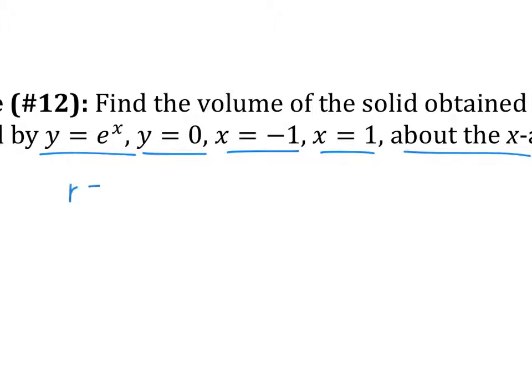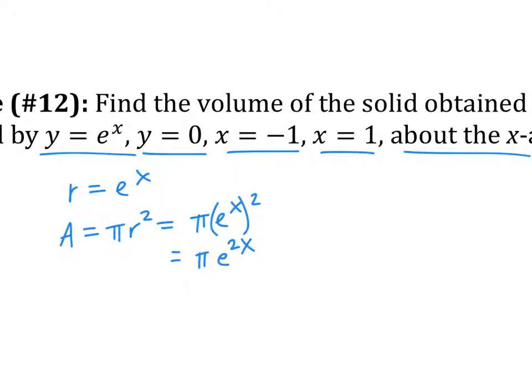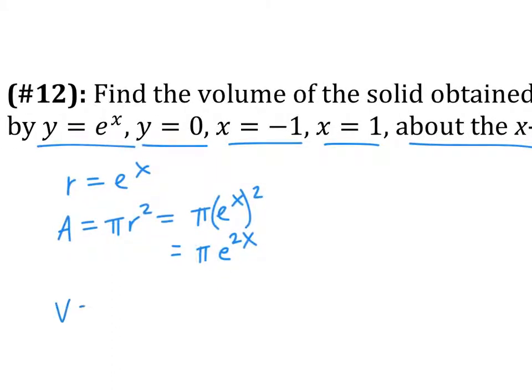Okay, so r is equal to e to the x. So area is pi r squared, which is pi e to the x squared, which is pi times e to the 2x. Okay, so when you have an exponent 2 and an exponent, and then you multiply. Okay, so volume is equal to the integral from -1 to 1 of pi e to the 2x dx.